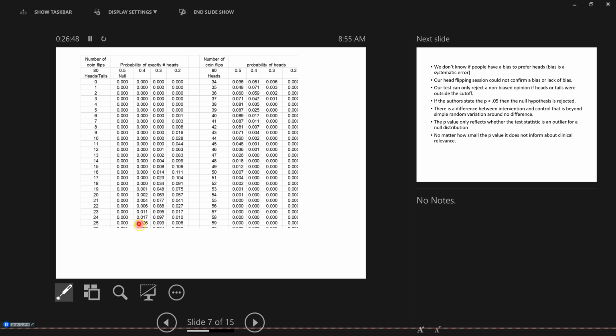I guess I do have 25 at 0.025. That would be the two-tailed test. 25 or 75, we don't see those in the table cut off, but 25 or 75 would have the same probability, 0.026. And adding those together would be 0.05. So the probability of getting 25 heads or less or 75 heads or more is less than 5%.